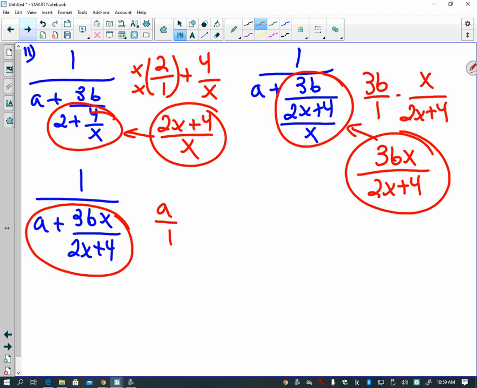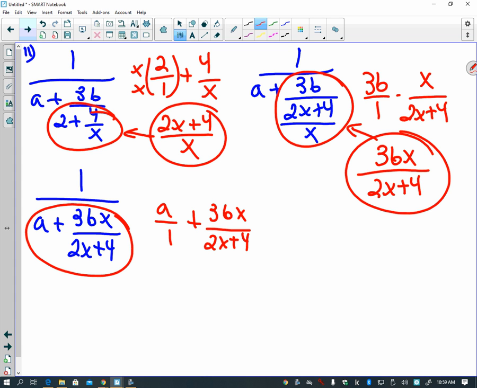A over 1 plus 3bx over 2x plus 4. This is where it gets a little bit more complicated. You're back to the very first, yeah, except you have a more complicated denominator. So when I go to get a common denominator, I'm going to end up distributing here, right?